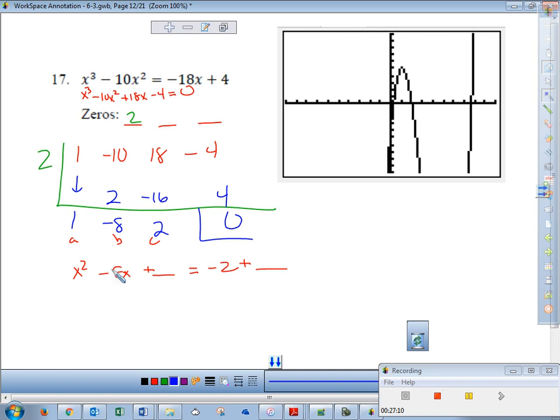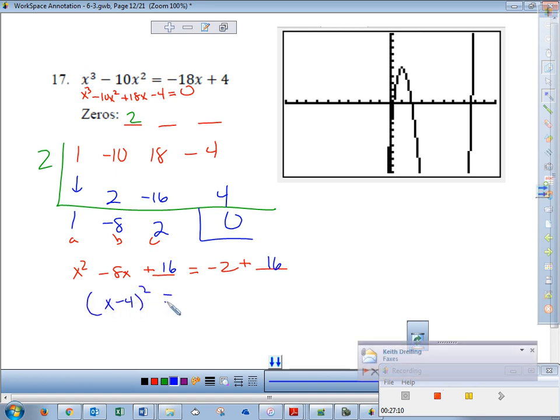So fill in the blank. You take half your b value and square it. It'd be negative 4 squared. This guy factors to x minus 4, quantity squared. That's 14. That's good. Tells me since he's not a perfect square, that it's going to be irrational stuff. Square root both sides.